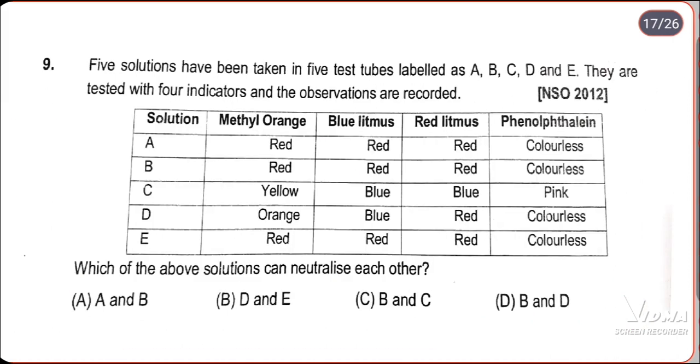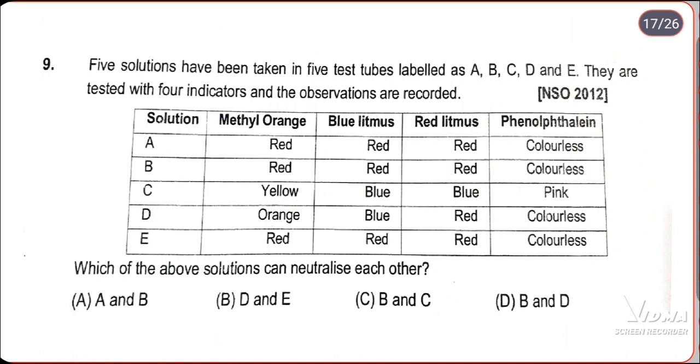Next, 5 solutions have been taken in 5 test tubes labeled as A, B, C, D and E. They are tested with 4 indicators and the observations are recorded. The first indicator is methyl orange, second is blue litmus, third is red litmus and fourth is phenolphthalein.